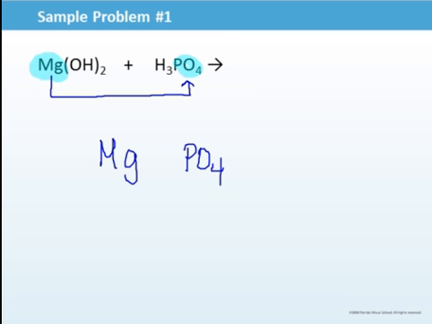So we must look at our table of common charges. We see that magnesium is in group 2, so it forms a 2+ charge. Phosphate is a polyatomic ion, and it forms a -3 charge. There are a couple of different ways that we can write this final formula. I like to employ the crisscross and reduce method.